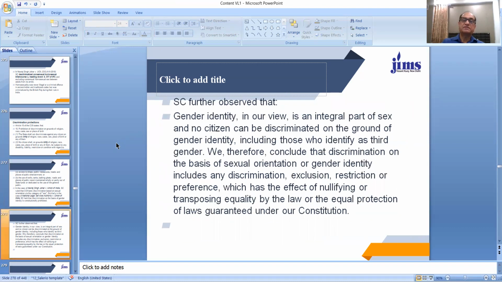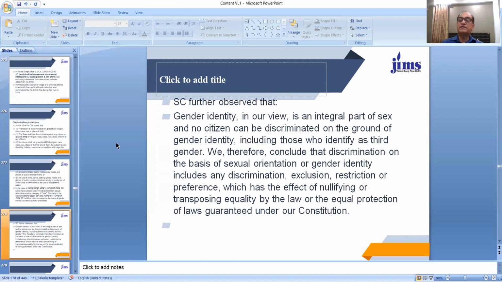This is prohibited. And the Supreme Court further observed that gender identity is an integral part of sex, and no citizen can be discriminated against on the ground of gender identity, including those who identify as third gender, meaning the LGBT community.